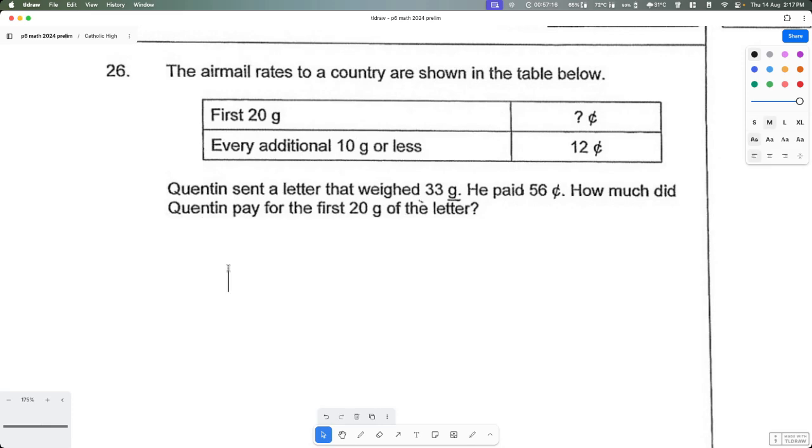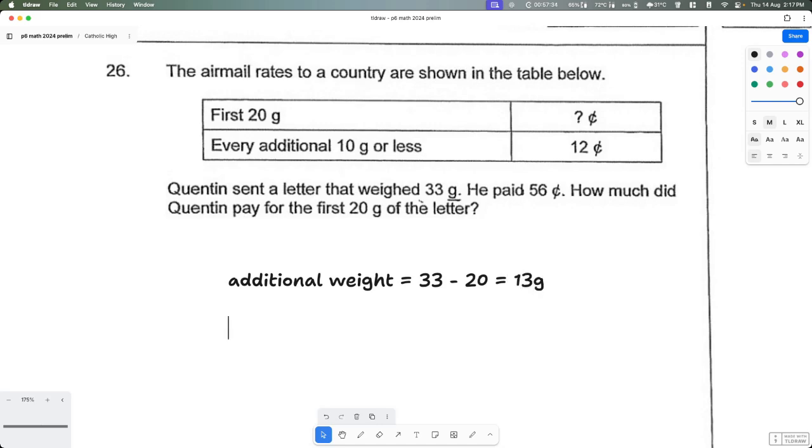Okay, so we know first 20 grams. So that means the additional weight is equal to 33 minus 20, which is 13 grams.